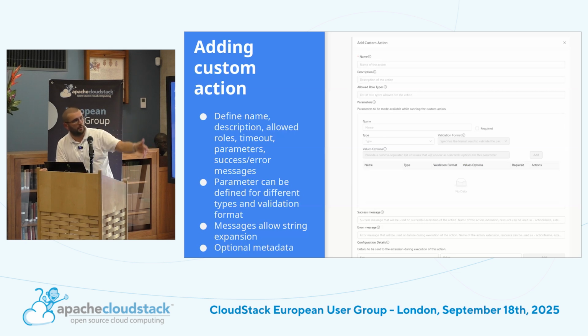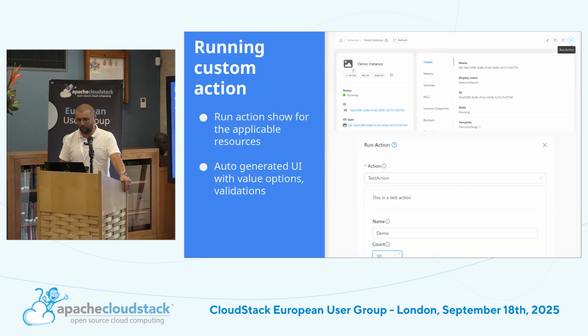But it's still all relatively simple. And running the action is quite simple. There will be a new button there, run action, in the instance menu, near other buttons that you may be familiar with, such as the regular lifecycle ones and others.